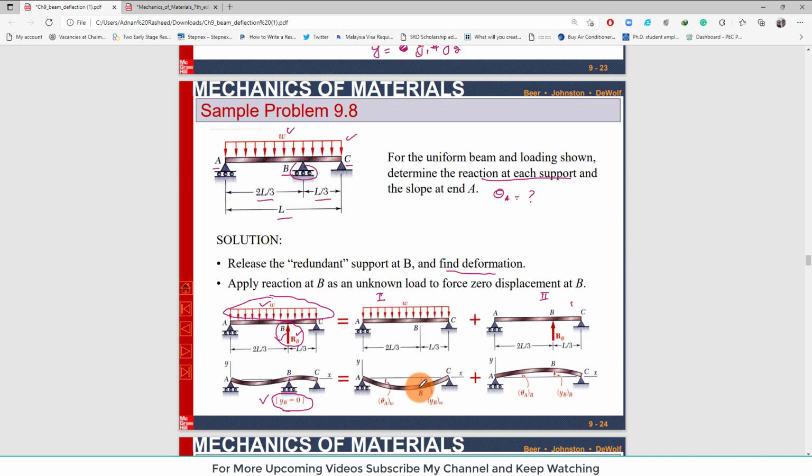so you will have to find the deflection at point B, which is YB1 due to loading W, clear, and then you will have to find the deflection at point B due to this reaction force RB, clear.